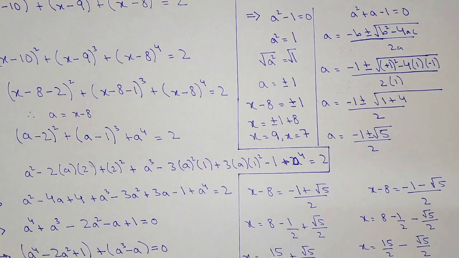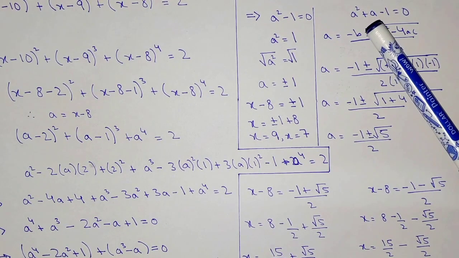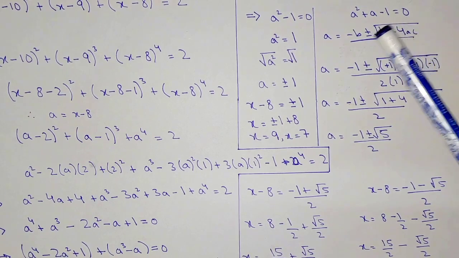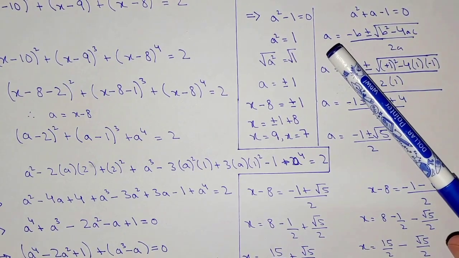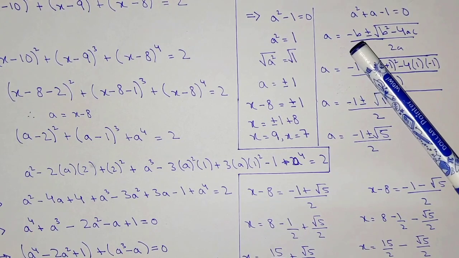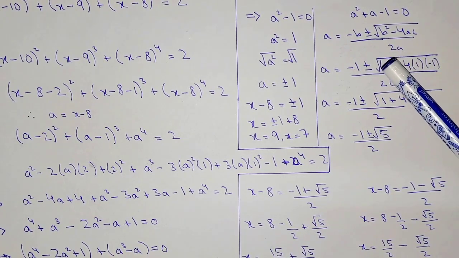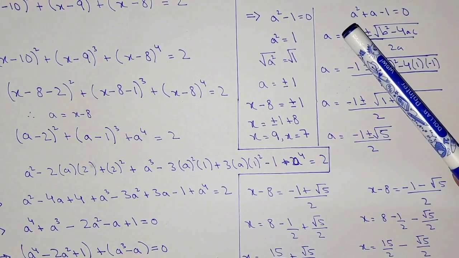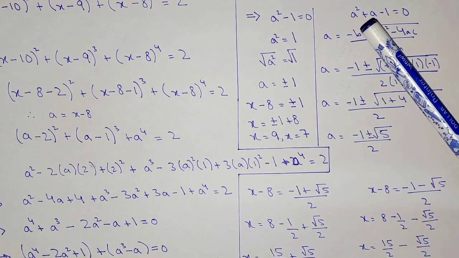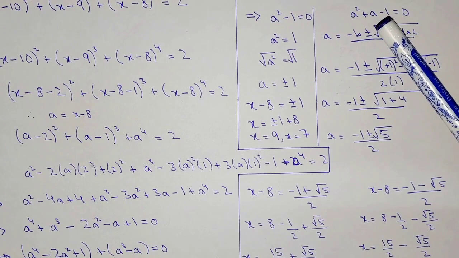Now we have the equation a square plus a minus 1 equal to 0. Using the quadratic formula, a equals minus b plus minus root of b square minus 4ac, divided by 2a. Here in this case, a is 1, b is 1, and c is minus 1.